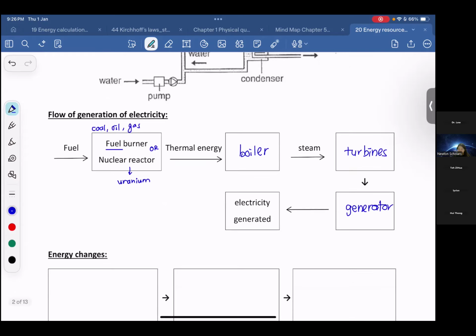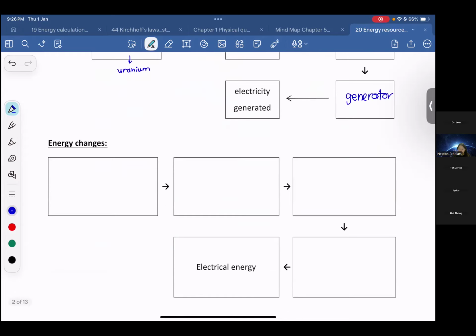Okay, so energy change. In this kind of question, they like to ask you about the energy change. The start is chemical energy, for example the coal, the oil, and the gas, or the uranium also. Uranium is nuclear energy.